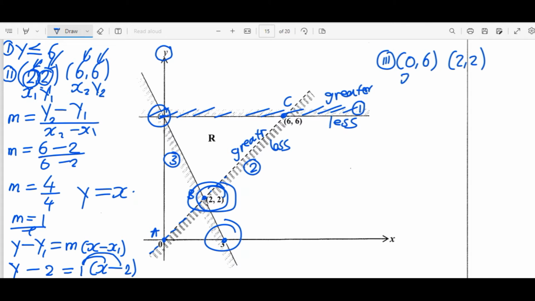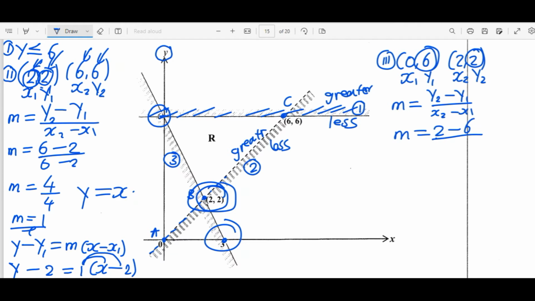So the same concept, we'll need to assign x1, x2, y1, y2. Then gradient is equal to y2 minus y1 over x2 minus x1. y2 is 2 minus y1 is 6.